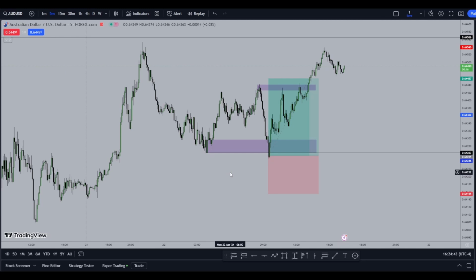We'll place our limit just a little bit below this structure, and our stop loss will be 10 pips, or you can do whatever your risk management is, and you can place your take profit just a little bit above this structural high.